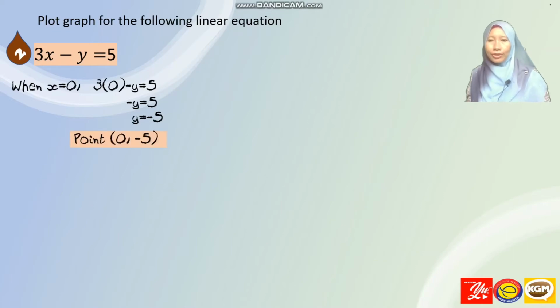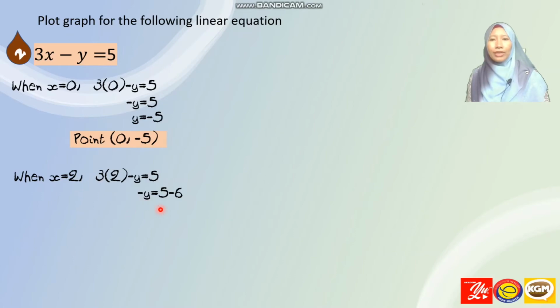We just write down the coordinate, (0, -5). For the second point, we choose x equals 2, and then substitute the value of x into the equation. We get 3 times 2 minus y equals 5.